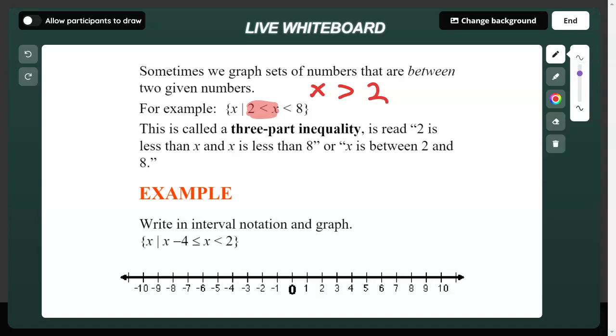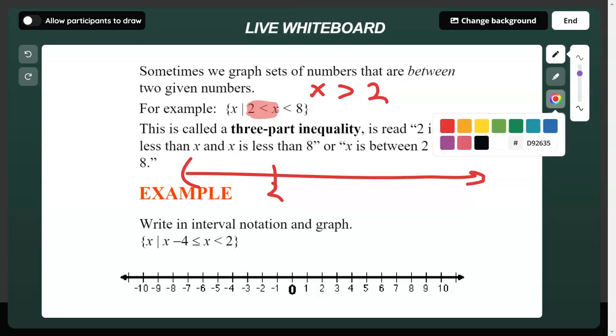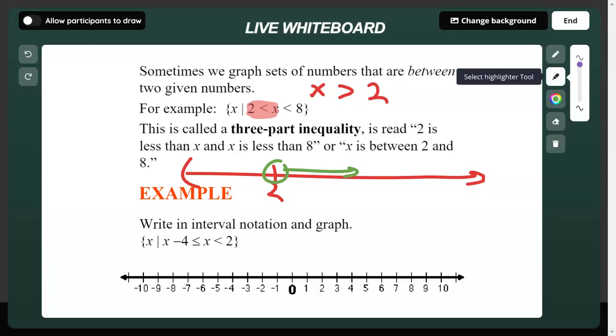If I draw a number line, and I have 2 as a critical value, I can draw my inequality starting at 2 and moving to the right. X is greater than 2. If I look at the other part of the inequality, I see that x is less than 8.